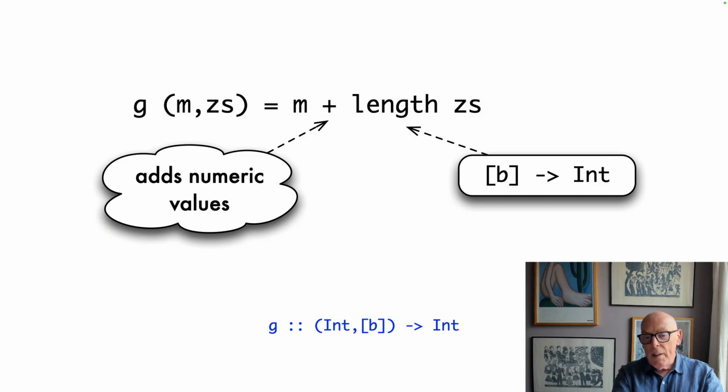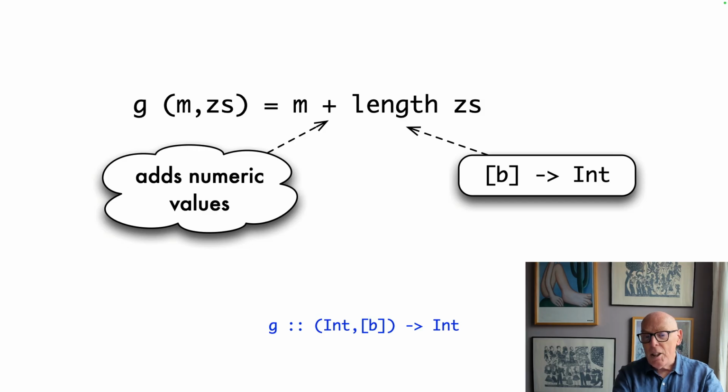We know that length is a function that takes a list and returns an integer. So length of z must be an integer. And because that is combined with m by a plus, m itself must be an integer. So the type of m must be integer.